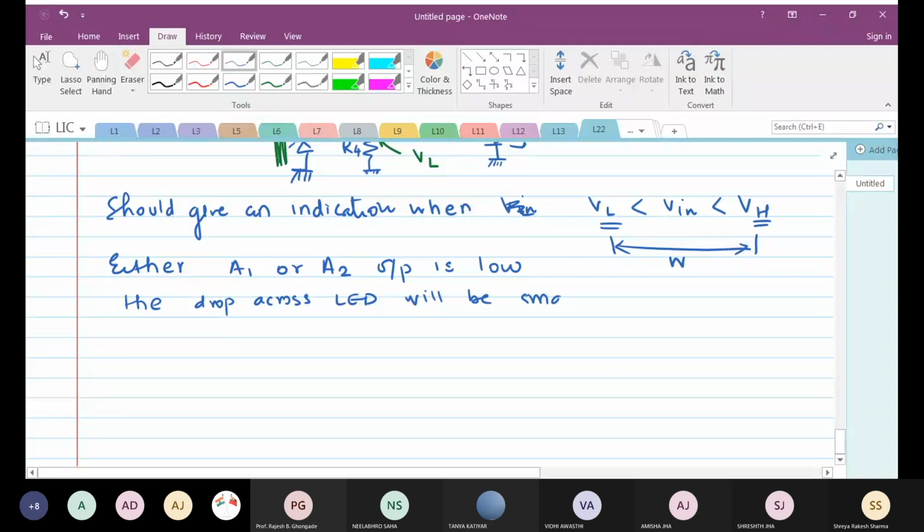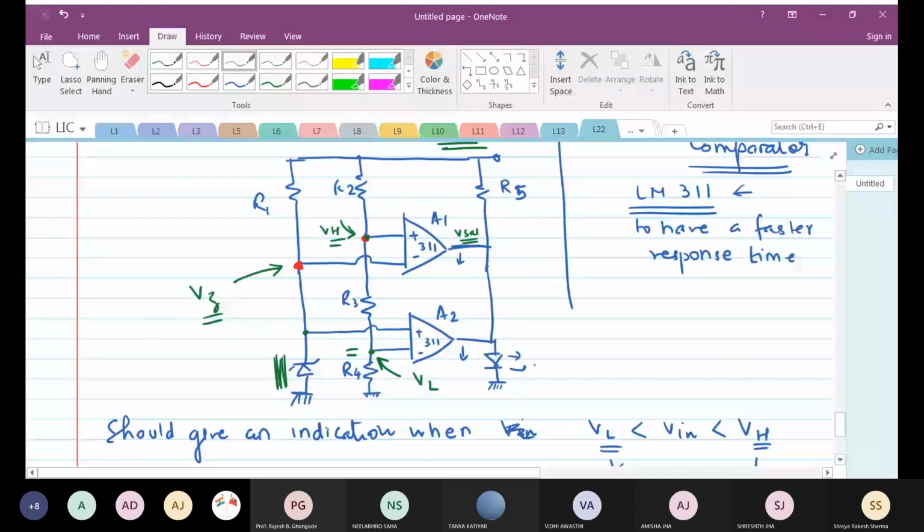So in any case, if this is low, this is also low, or any one of them is low, in that case, the LED will be off. Understand this first. Yes, sir.